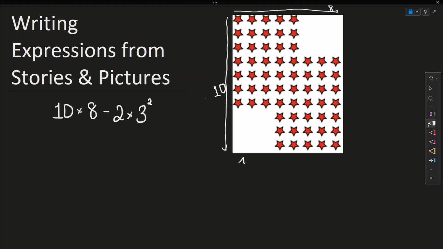But it's not. We have these 2 spaces that are missing, and they are each 3 by 3. So we would need to remove 2 sections that are 3 by 3. So the expression means we start with 80, and then we need to remove 18 for those missing pieces.